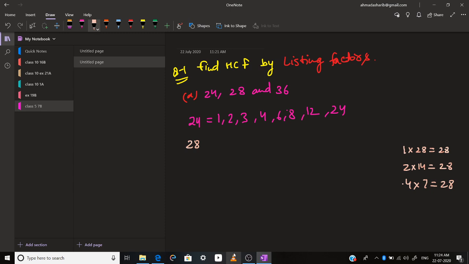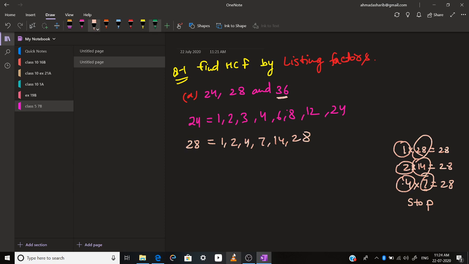Then in 5's table 28 doesn't come. Then in 6's table also 28 doesn't come. So the next number is 7, and 7 we have already written here. So stop here, and the factors of 28 are 1, 2, 4, 7, 14 and 28. These are the factors of 28.